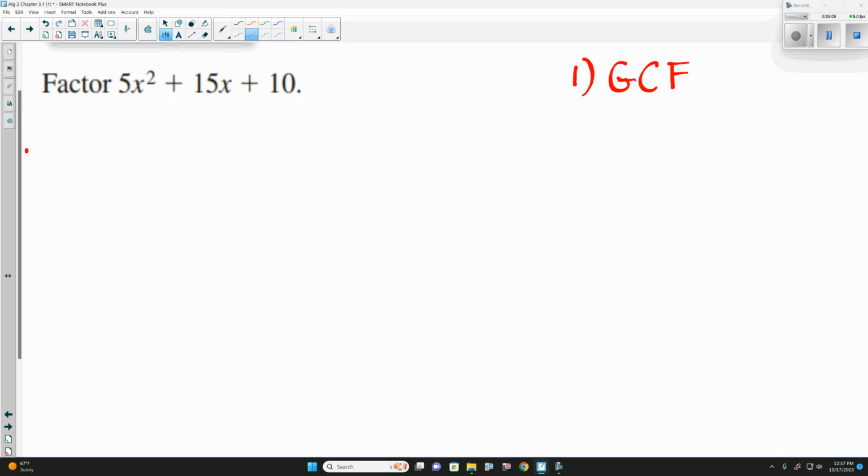When we find the greatest common factor, we're trying to find what number or term can be pulled out or divided out of each of the terms in the expression. So if we look at 5x squared plus 15x plus 10, what would the greatest common factor be? What is the biggest number that divides into all three terms? 5.